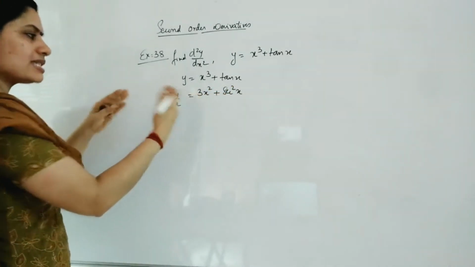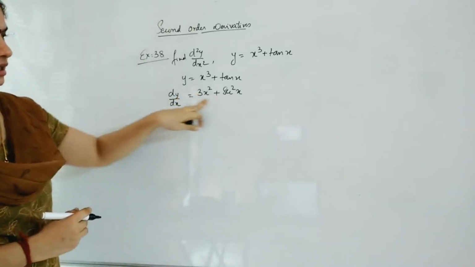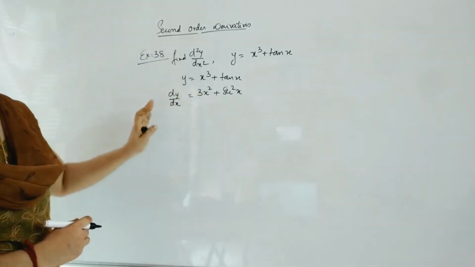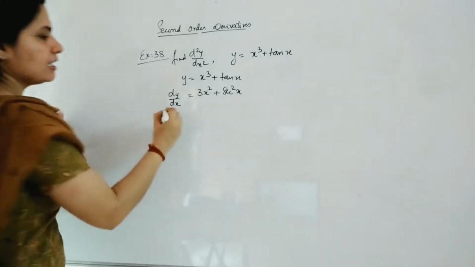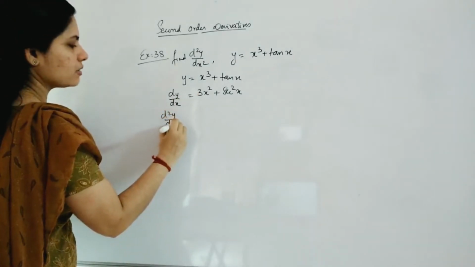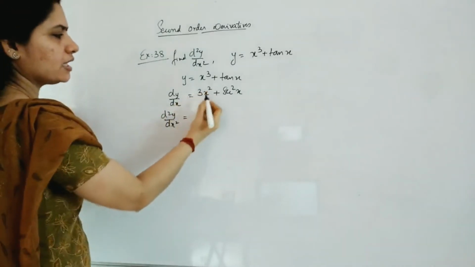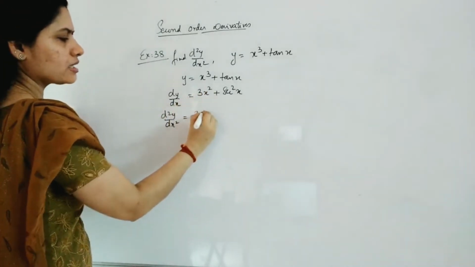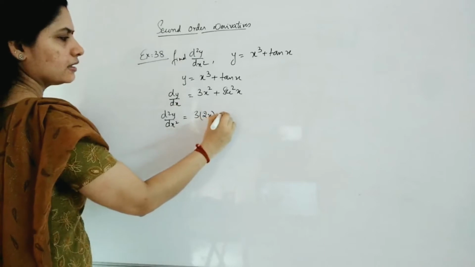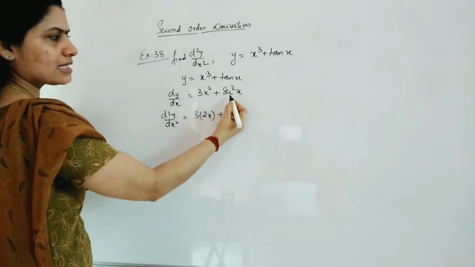Then what you need to do is, again you have to differentiate this term with respect to x. At that time you will write the left hand side as d square y by dx square. And this will give you, again differentiate, 3 will be a constant, x square's derivative will give you 2x. Then sec square, consider it as something the whole square.